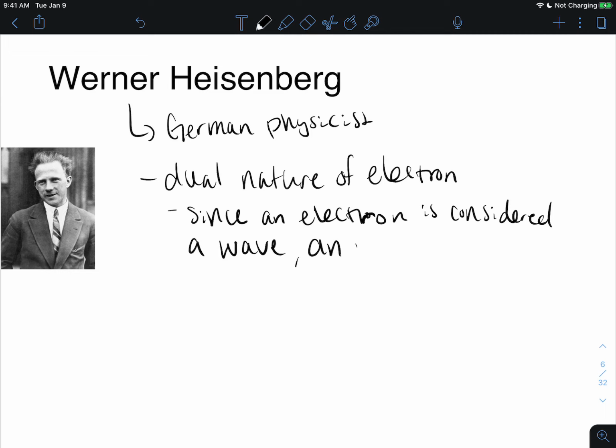and waves extend into space, and when they extend into space, we can't know its precise location.